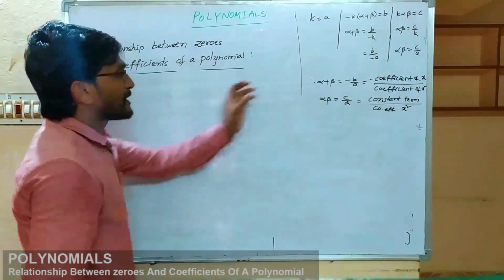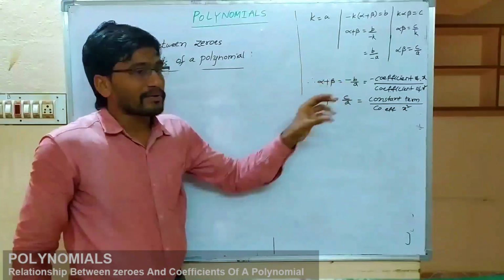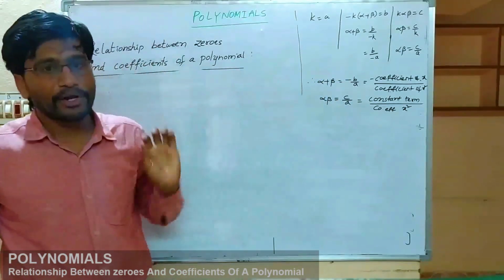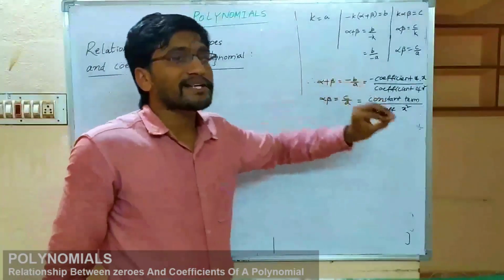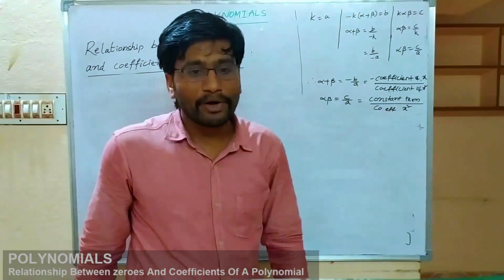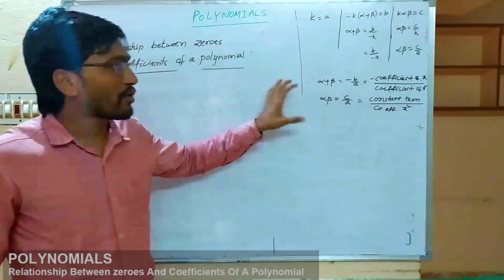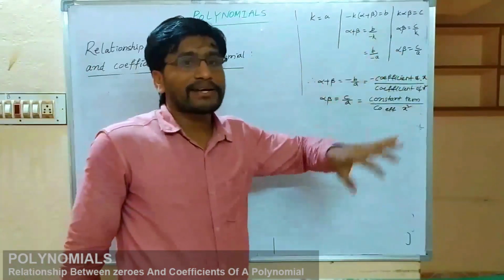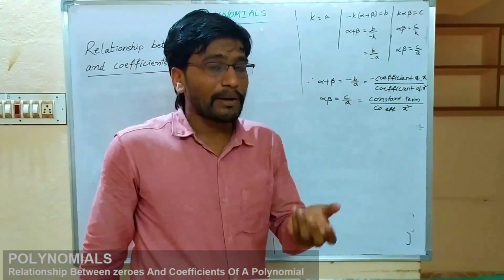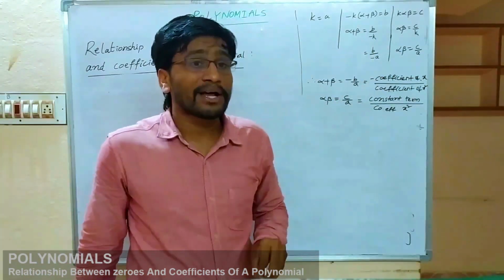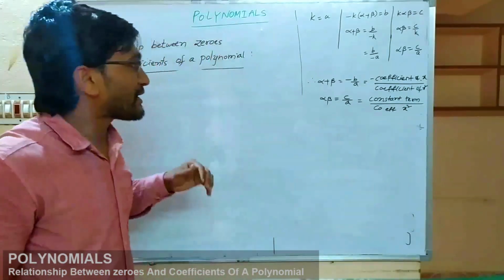Next, if they ask: find the zeros of the quadratic polynomial and verify the relationship between zeros and coefficients of the polynomial, how can we calculate? Let us see.